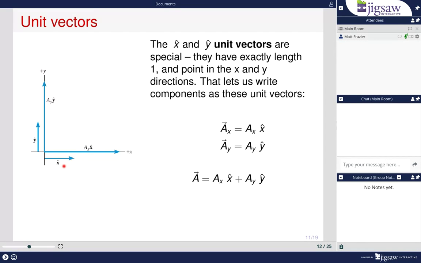Whatever our unit is in the problem, these go one of them. So you can look at these, and Ay and Ax look like they're about 2.5 of these unit vectors. But they're bookkeeping. The trick is that we can write a vector as a number of copies of this x vector plus a number of copies of the y vector. And that makes things a little easier.